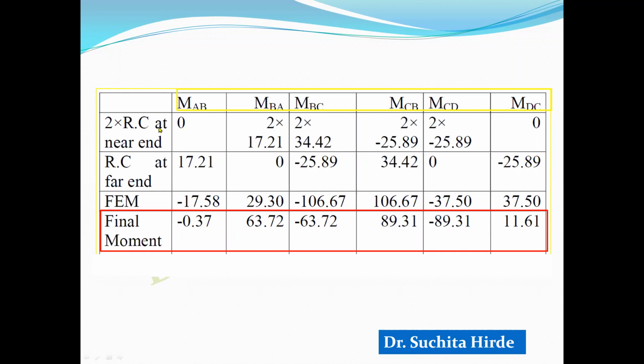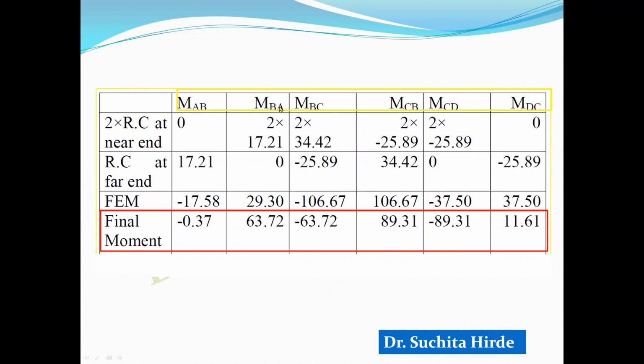It is 2 times rotation contribution at near end plus rotation contribution at far end plus fixed end moment. Just now we have seen that at A the final value was 0. At B for the AB member the final value was 17.21. Then fixed end moment MFAB was minus 17.58. So the final value you get is minus 0.37.